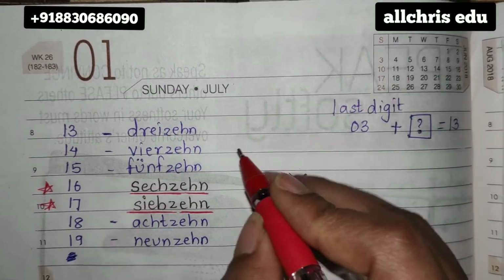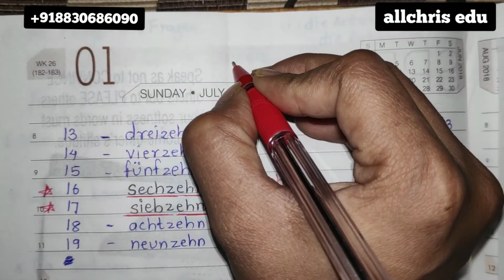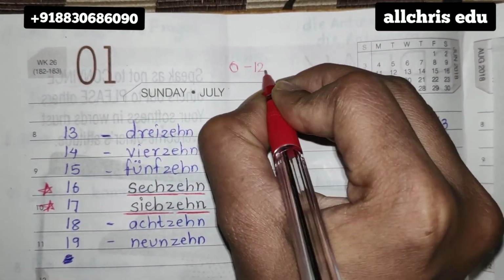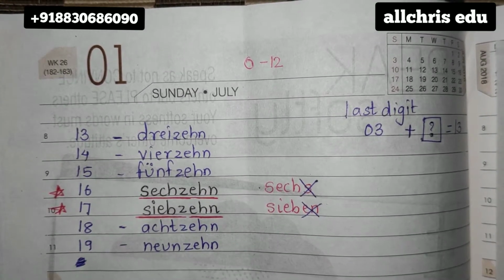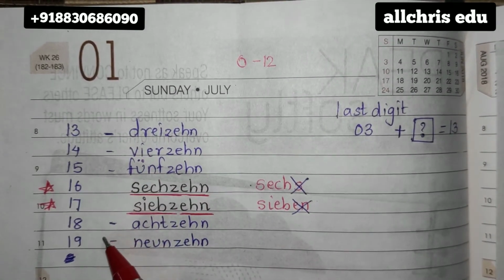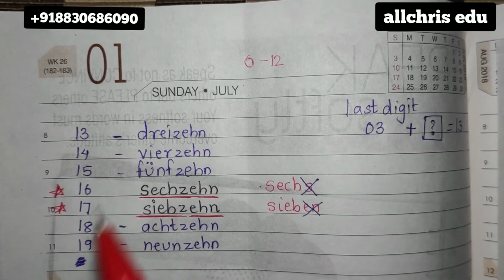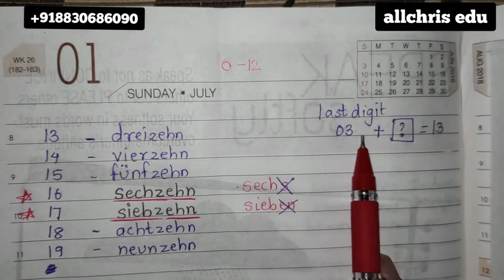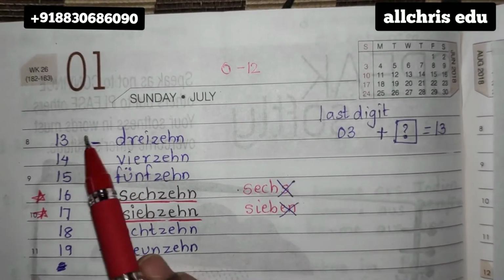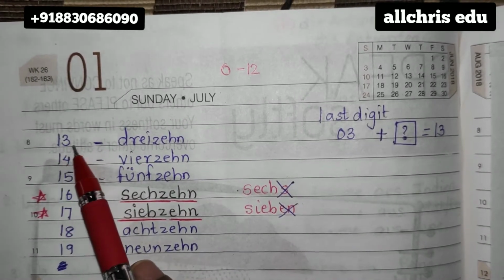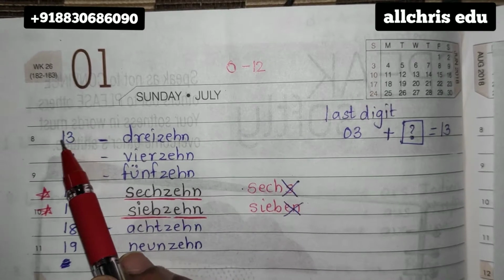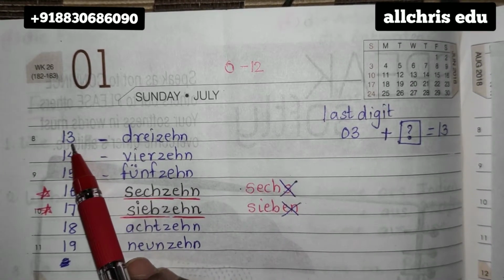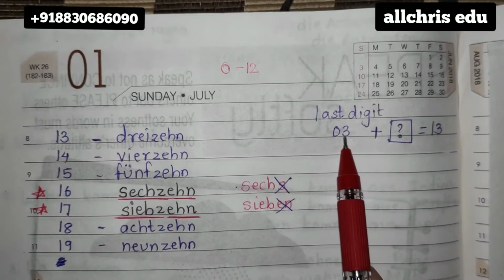Your basic step of learning was 0 to 12. If you know 0 to 12, it becomes very easy for 13 till 19. The last digit, if you see 13, there are 2 digits in the number, and the last digit is 3.